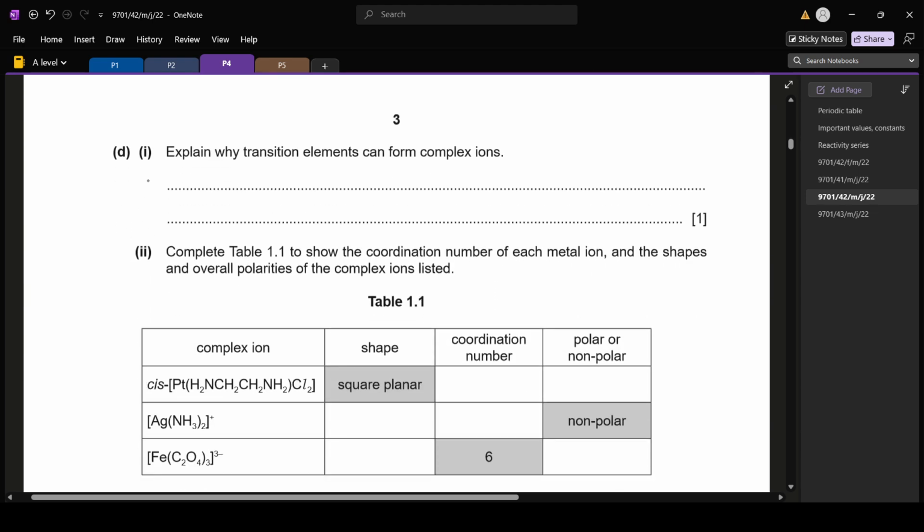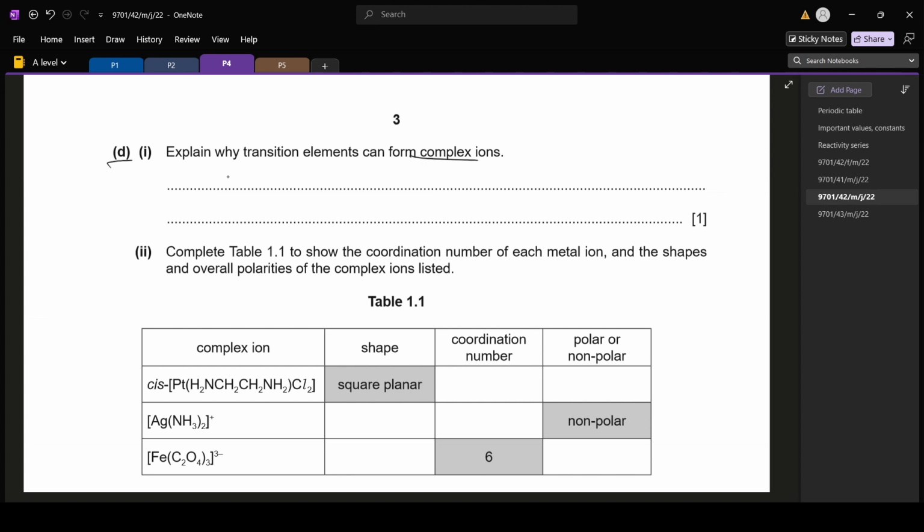Part D, explain why transition elements can form complex ions. Why do they form complex ions? Because the central metal ion has a high charge density, and d orbitals are energetically accessible.